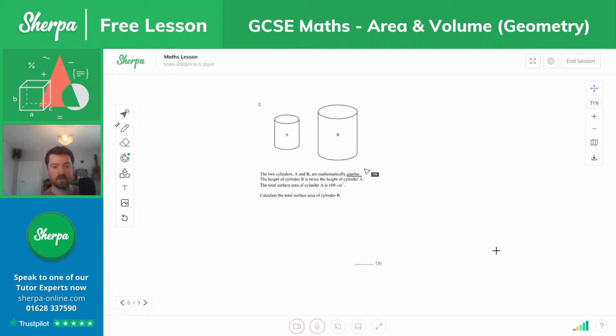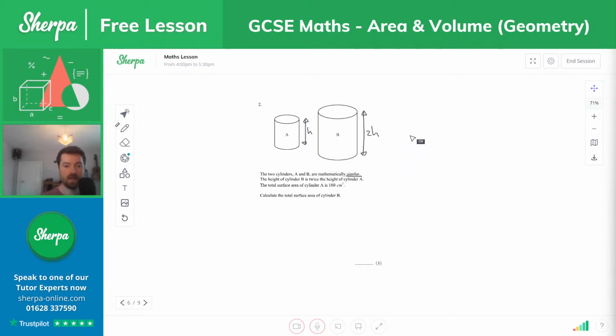And the height of cylinder B is twice the height of cylinder A. So we're given the linear scale factor, right? If this was height h, then this has a height of 2h. We're also told the surface area of A is 180 centimeters squared. Calculate the total surface area of cylinder B.